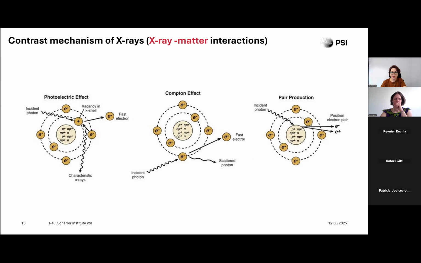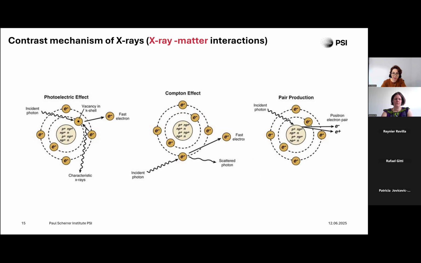And this is common in higher Z atoms, which have more electrons, and they exhibit more photoelectric effect.